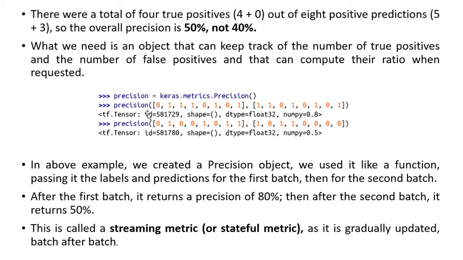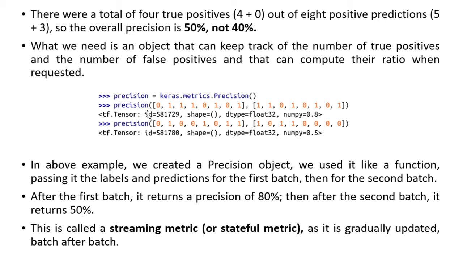Now with this example in mind, let's use Python here and elaborate on this precision. So we will create an object called precision, which uses the keras.metrics.Precision class.